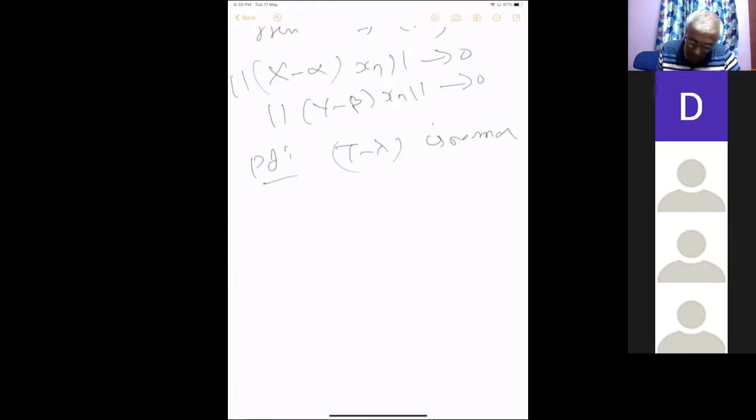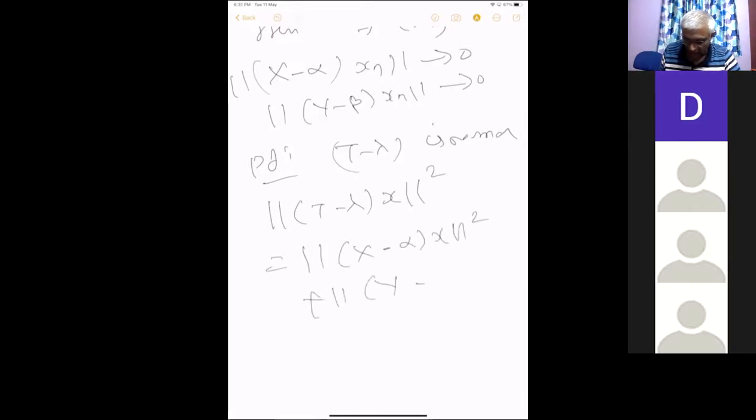So now we know that norm of (T minus lambda) x squared is equal to norm of (X minus alpha) x squared plus norm of (Y minus beta) x squared. We have already seen this for normal operators, the Cartesian decomposition. Computing the norm is like computing the modulus for complex numbers. So this is done.